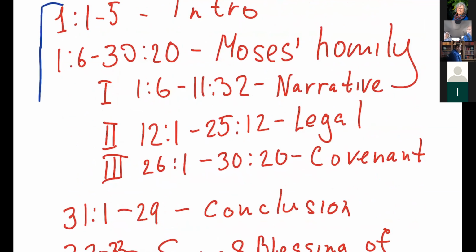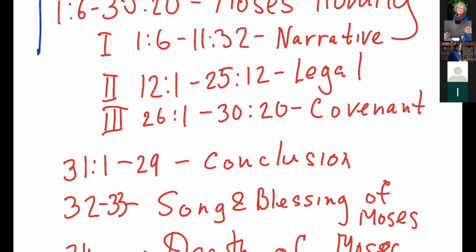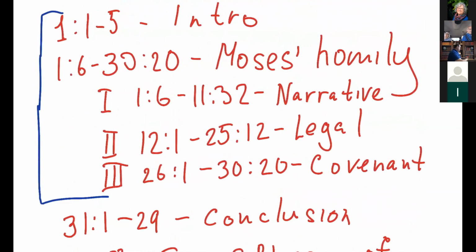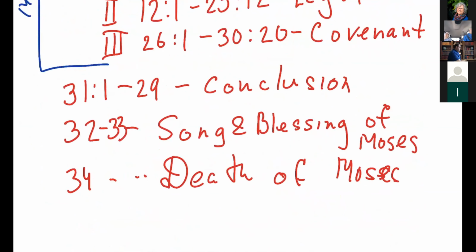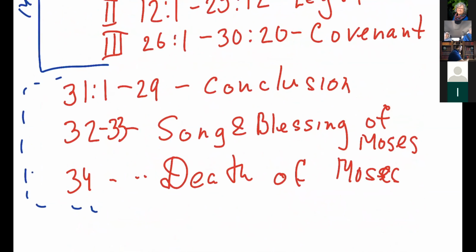From here to here, it's Moses who writes. From here to the death of Moses, it's Joshua.